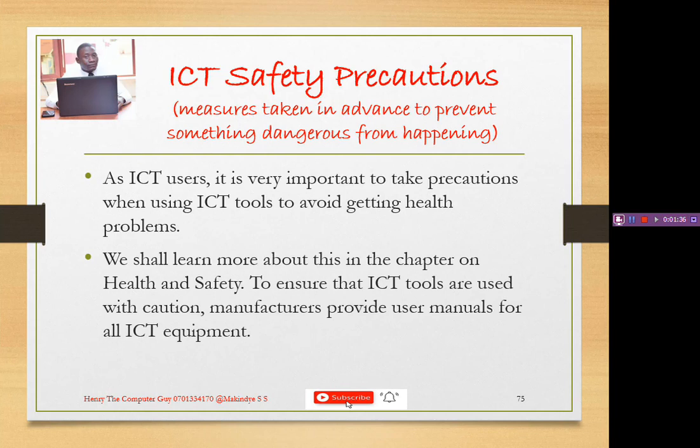Whenever you buy a new product, they will always put what we call a user manual or product manual, documentation on papers, explaining how you're going to use the device or the component. Let's continue.